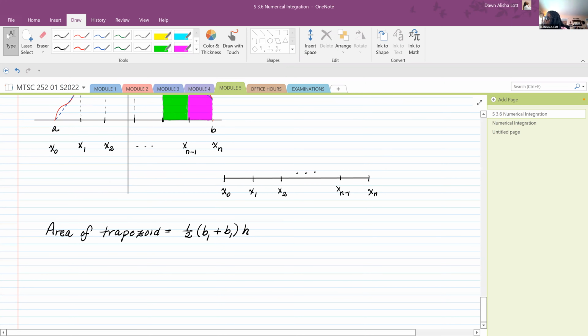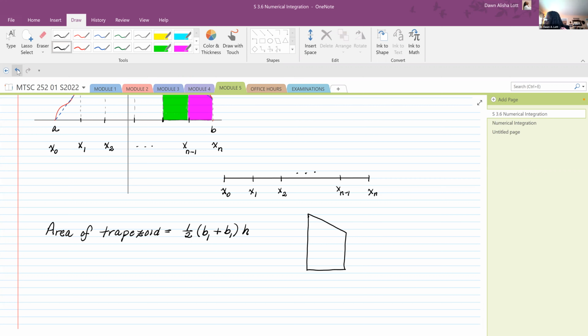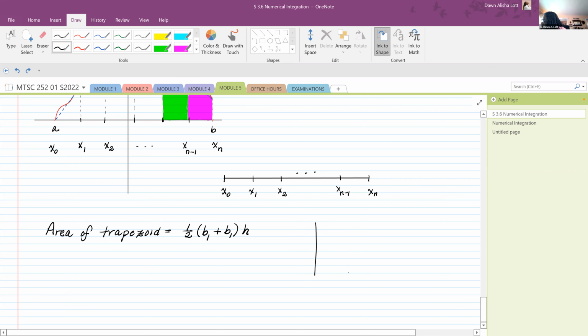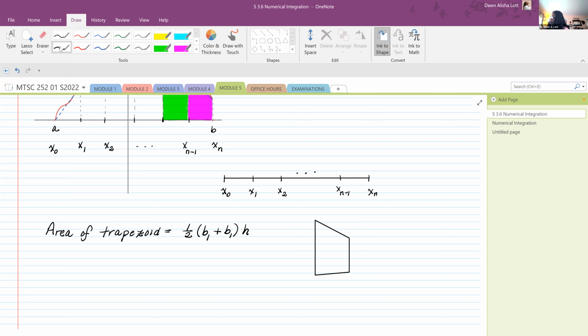So if I have a trapezoid that looks like this, all right, so there's my trapezoid.